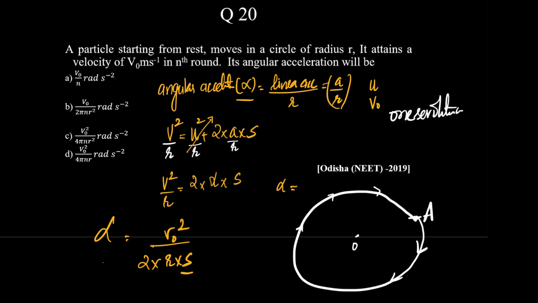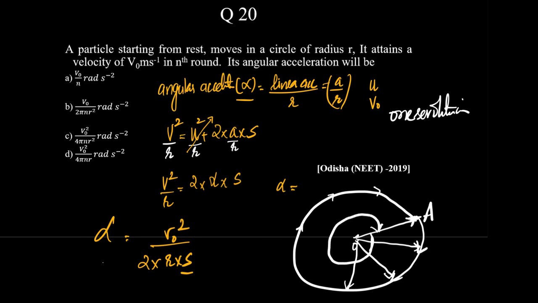The vector at every position will move like this. Eventually, the vector has moved this much, right?